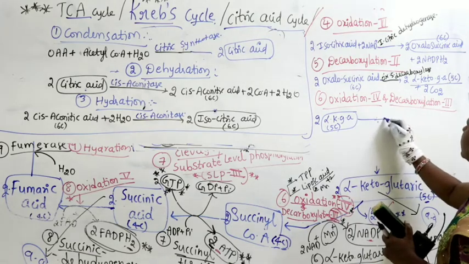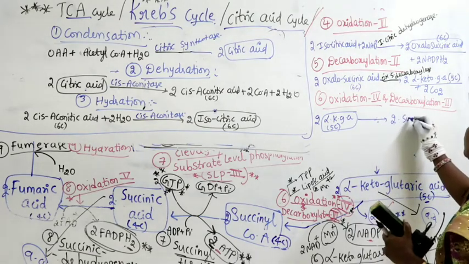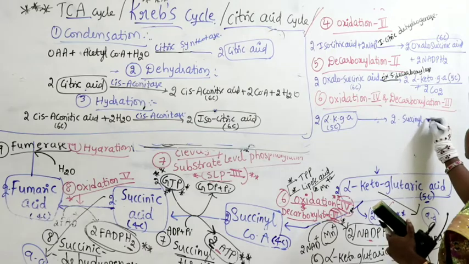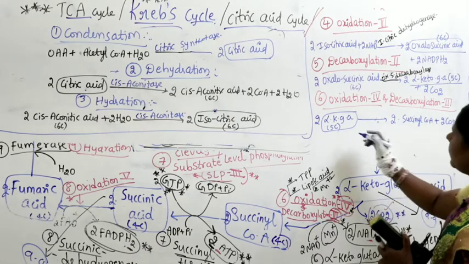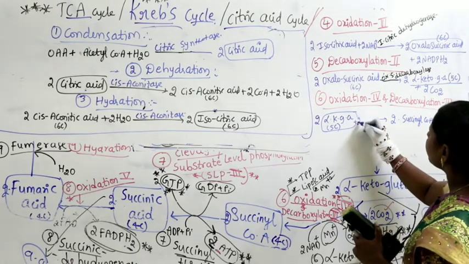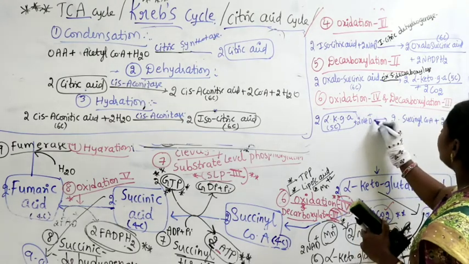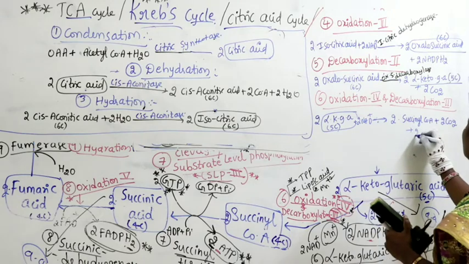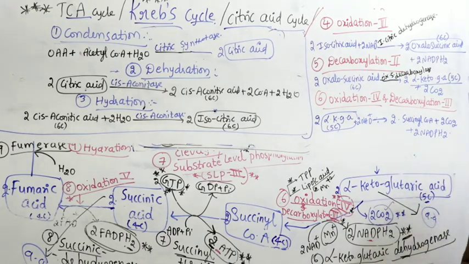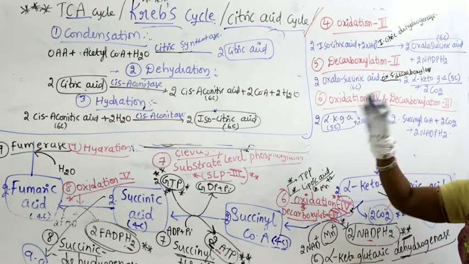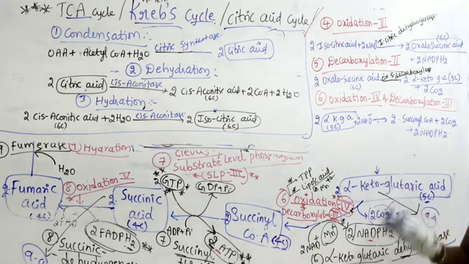As a result of this, it converts into 2 molecules of succinyl CoA produced with 2 molecules of carbon dioxide. Of course, here we take 2 NAD plus. Now it converts into 2 molecules of NADPH2.